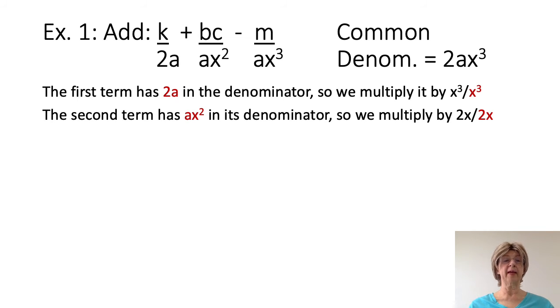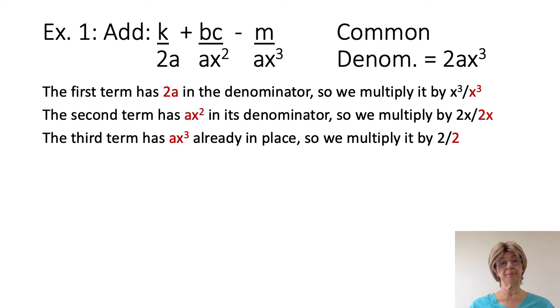The second term has ax squared in its denominator, so we multiply it by 2x divided by 2x. The third term has ax cubed already in place, so we multiply it by 2 divided by 2.